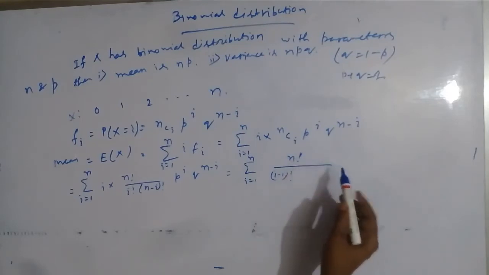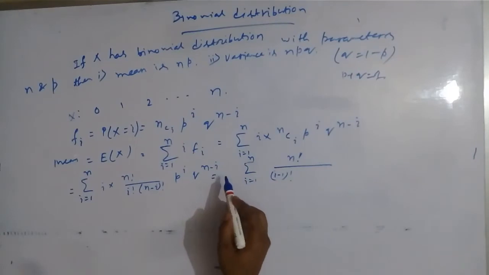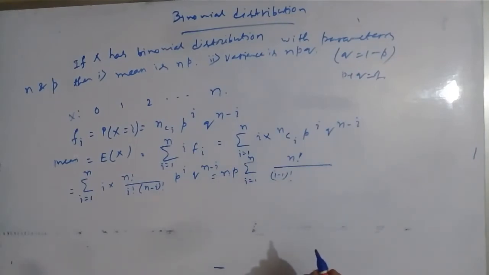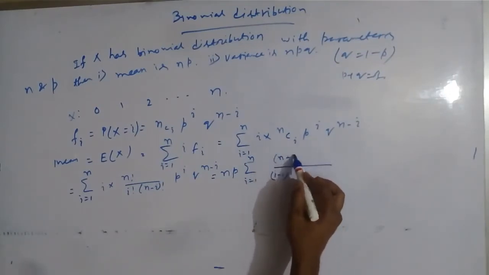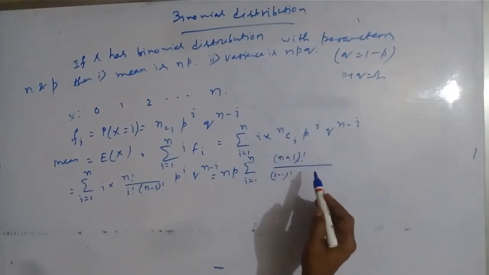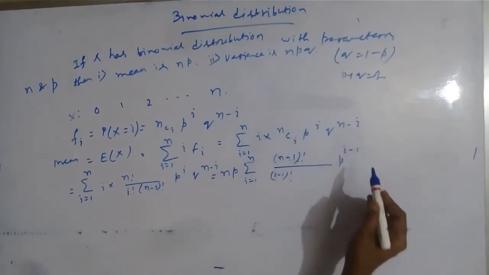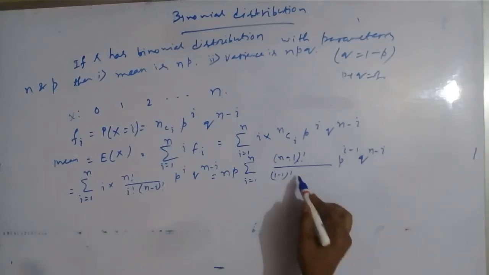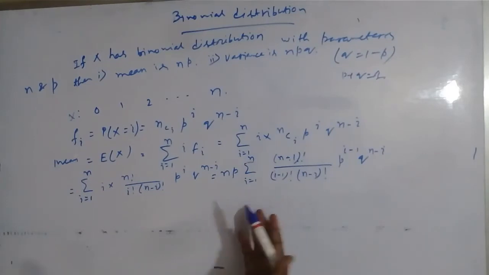I am taking out one n and one p outside the summation, so it will be n minus 1 factorial, p to the power i minus 1 and q to the power n minus i, and this is n minus i factorial. I have just taken out np from the summation.